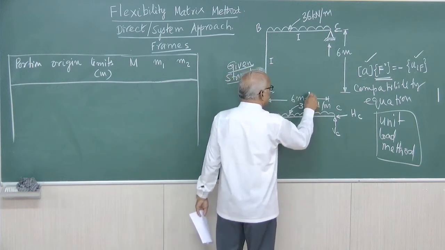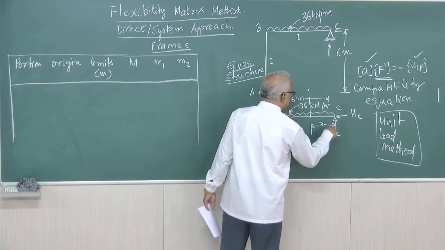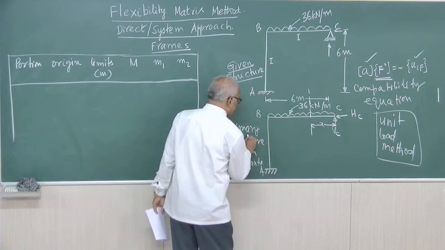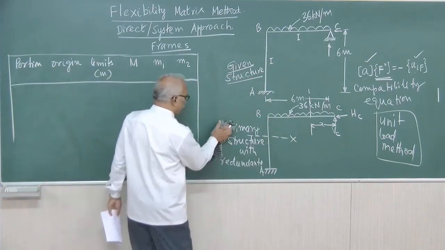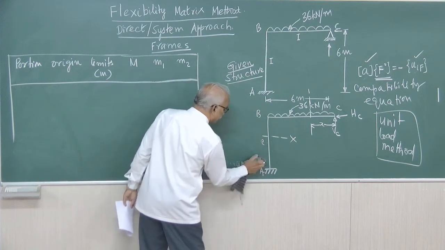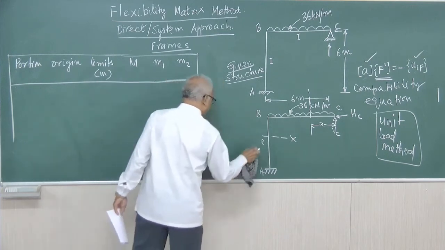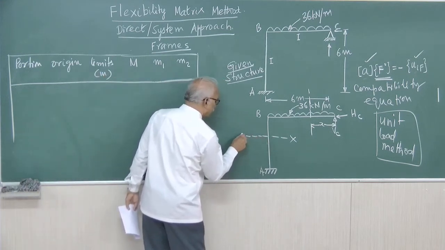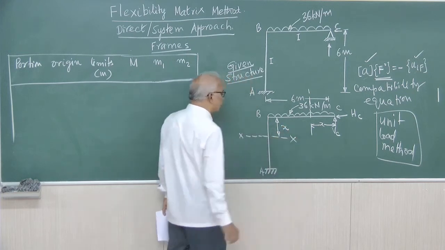Therefore, let us consider a section XX at a distance x from C. Now we will take another section XX at a distance x from B. Between B and A also there is no other loading, therefore there are only two sections.